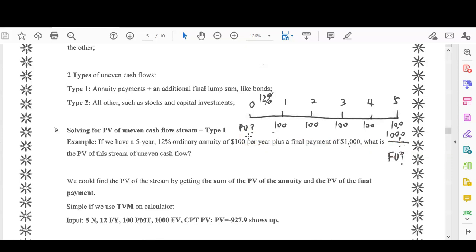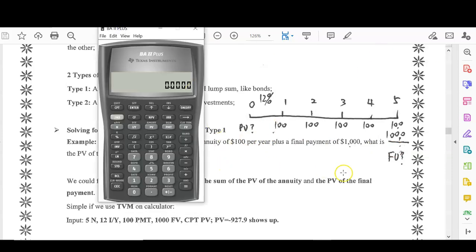Again, the financial calculator is the most convenient way to solve such a question. So let me input 5 as N, interest rate is 12, so 12 I, we're looking for PV. The payment is 100. We have five 100s, and it's END mode, ordinary annuity. And this time, future value is not 0 anymore.